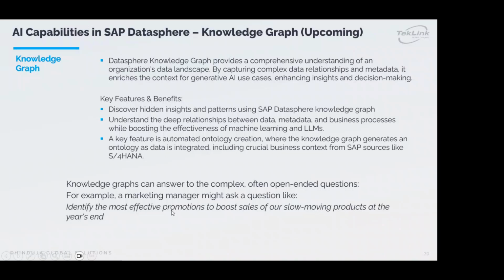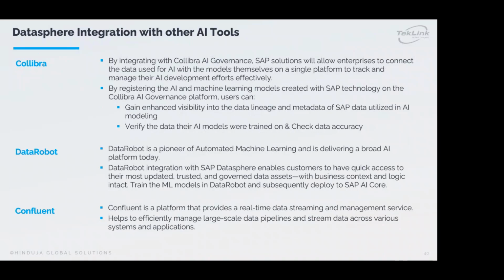Looking at this question, the knowledge graph will connect the dots, connect the models behind, using AI capabilities and bring the insight onto the table. You can imagine how it makes a difference compared to what we are used to in the earlier data platforms.